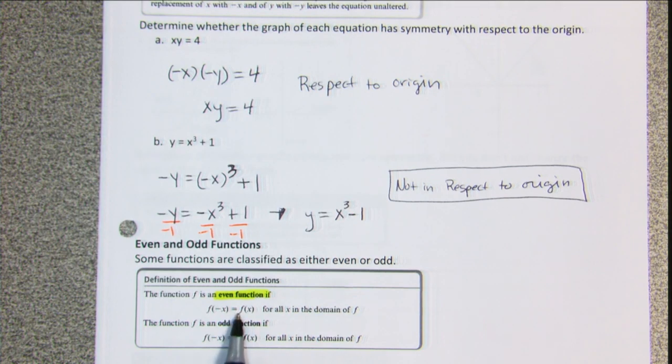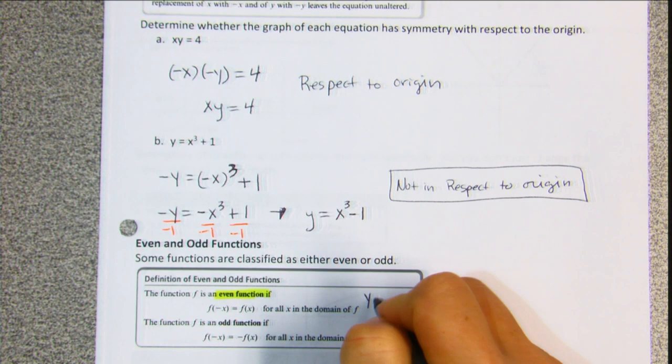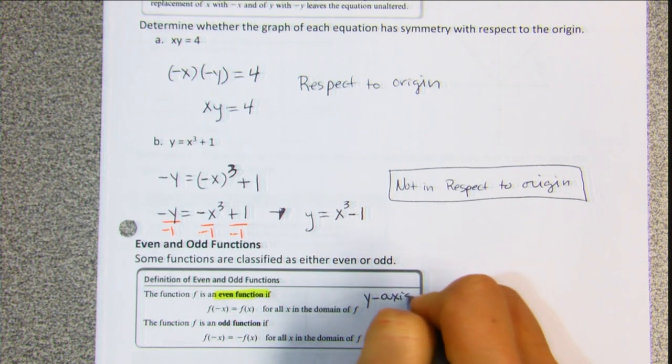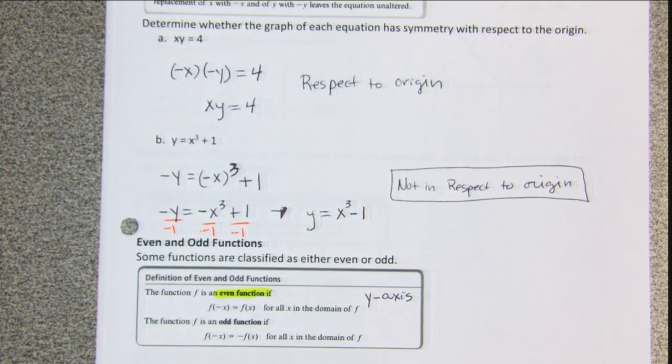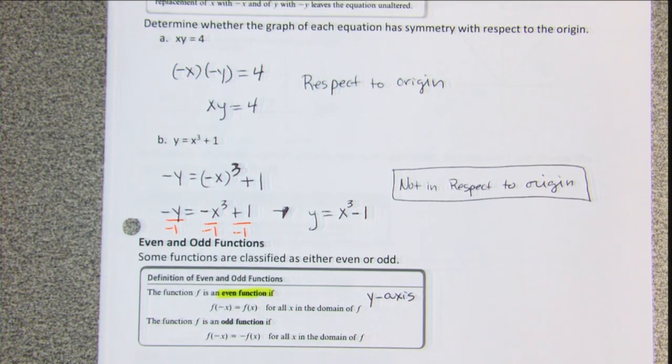If it did, there'd be a negative in front of your f. So if we change the sign of x, the y stays the same. So if it's an even function, we say that's in respect to the y-axis. Only thing that changed was you altered the x, right? The x changed. Keep going back to that. The opposite axis, the y stayed the same. So in respect to the y-axis.